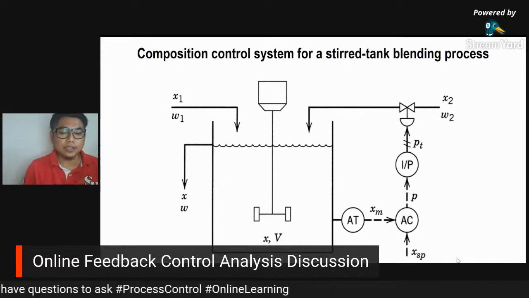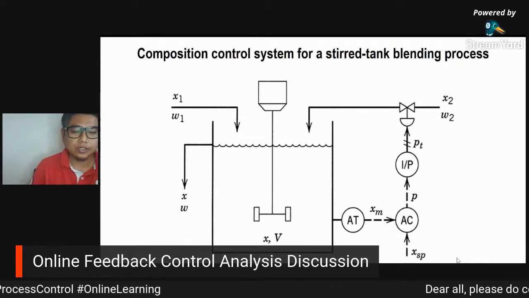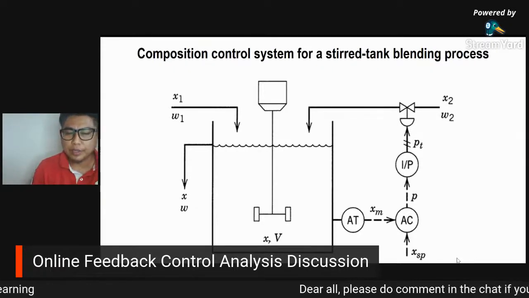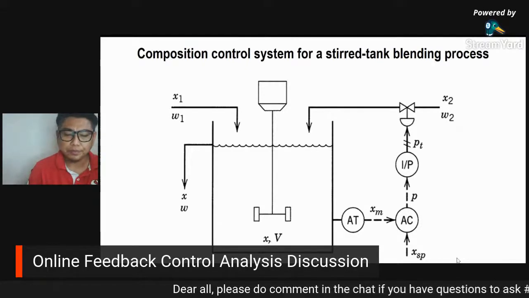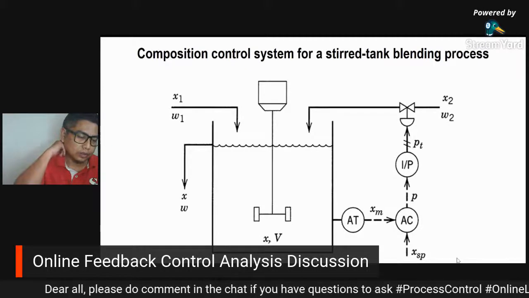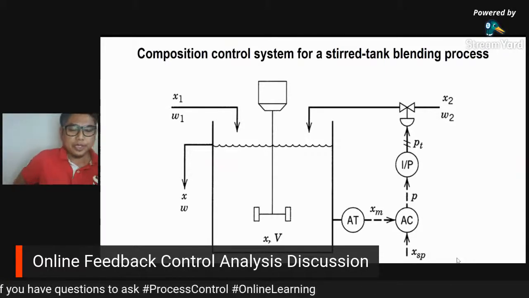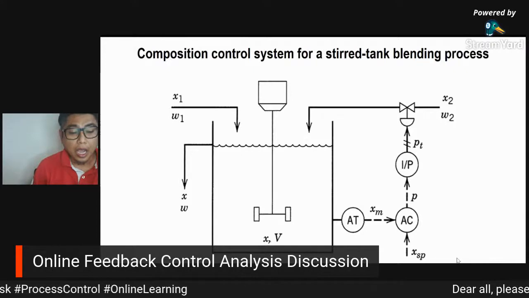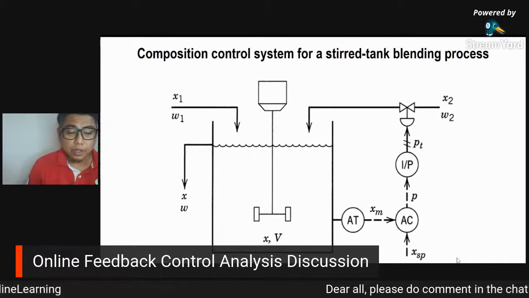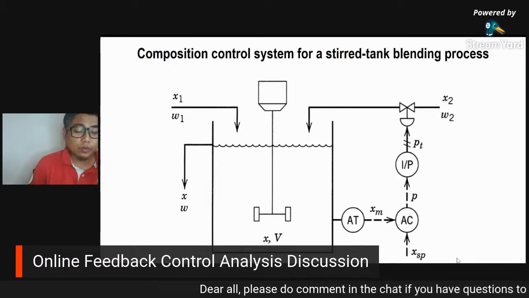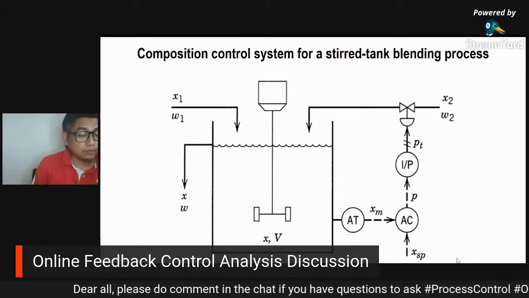All right, guys, let's take a look at this composition control system for a stirred tank blending process. Before this online session, some of your friends asked me about what is the difference between our controls class and the electrical control class.